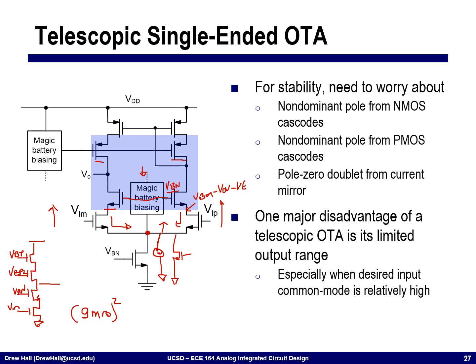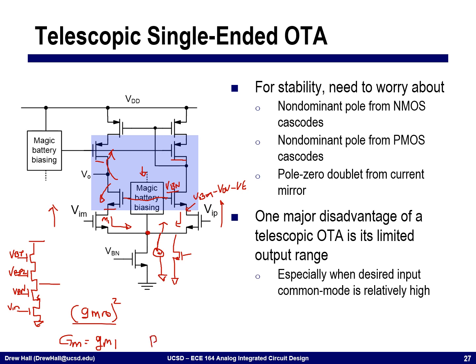This structure still has the same GM as the previous structure. The GM is going to be equal to this differential pair, so I'll call this M1. But it has a much higher output impedance, okay? The output impedance is the impedance that I see looking up in parallel with the impedance that I see looking down.